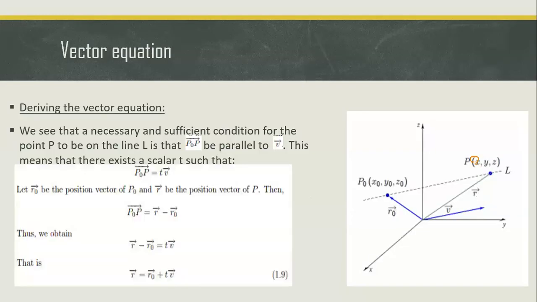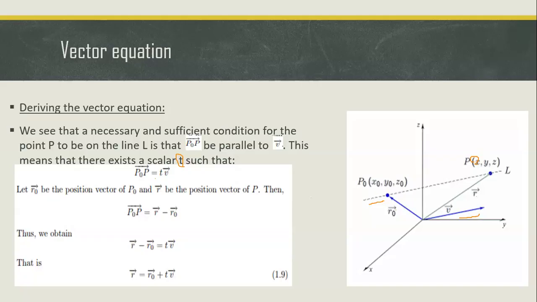This line here and vector V are parallel. So this means that there exists a scalar t. We talked about t in the previous slides. So we have here vector P0P is equal to the scalar t times vector V.